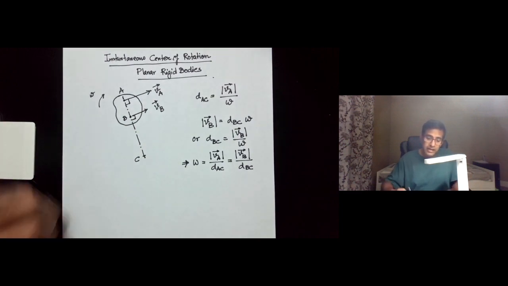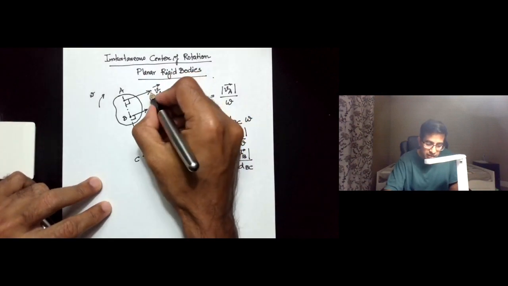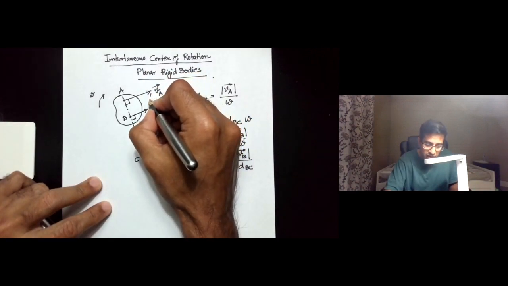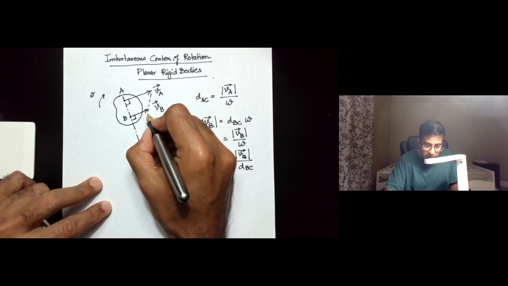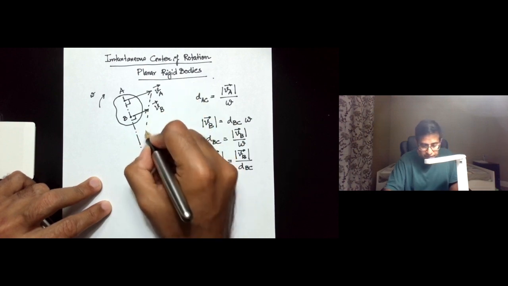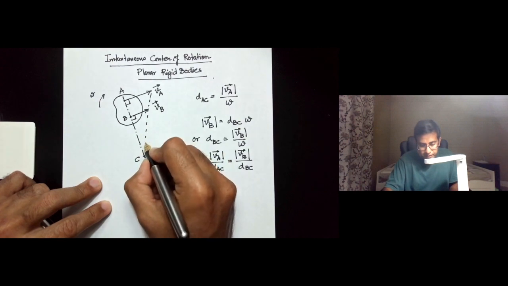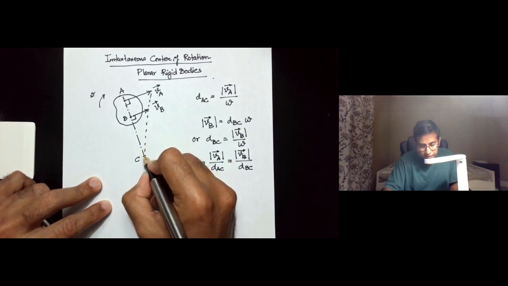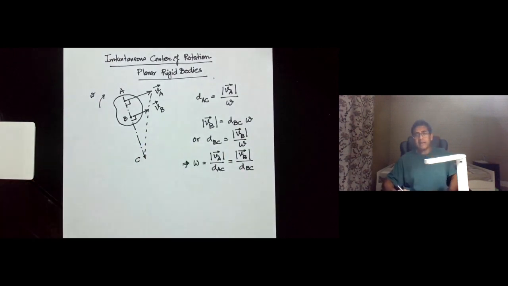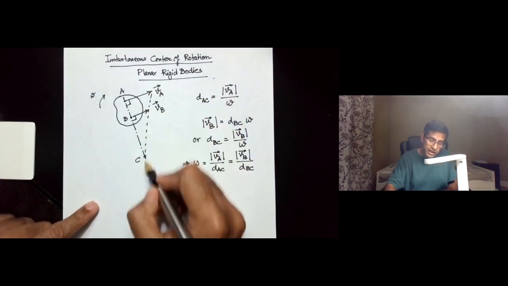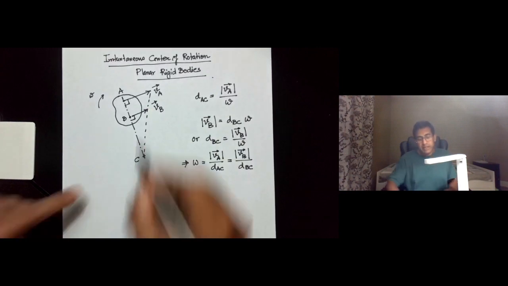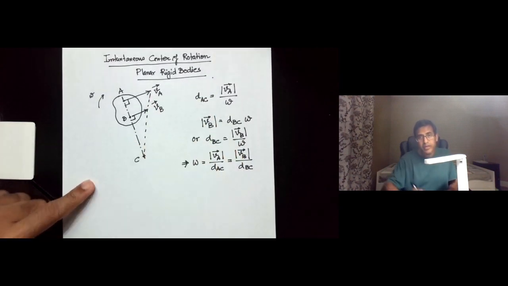Okay, and if they are similar triangles, that means that if I draw a line that joins the tip of VA and VB and gets extended, that line is going to intersect at C.